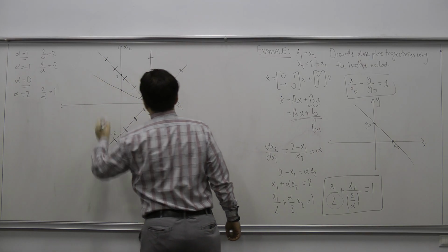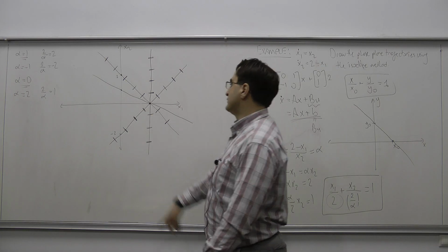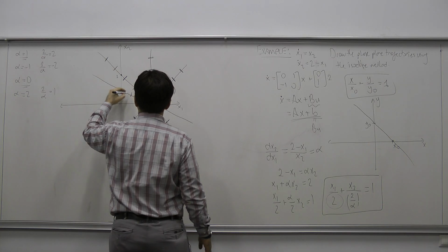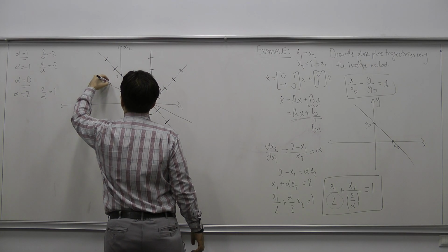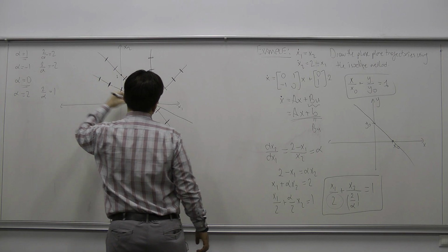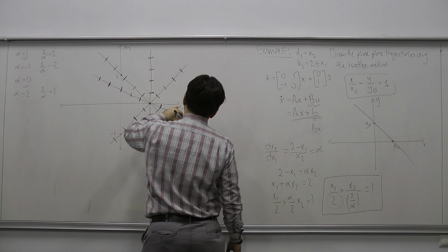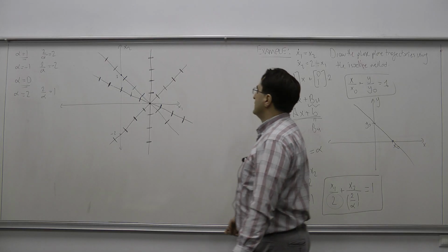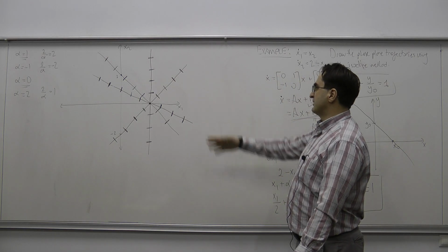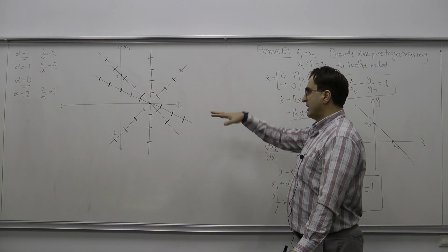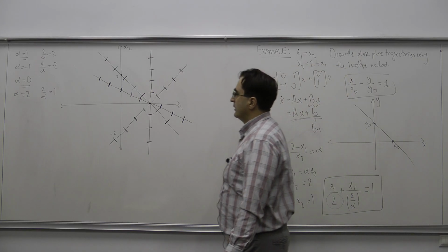So that is my line here. And the slope on that line is going to be 2. So we would be drawing slopes like this. Of course, you do not have to be exact here, but you need to be sufficiently accurate to be able to extract an approximate trajectory here.